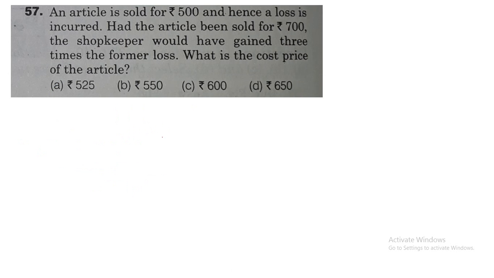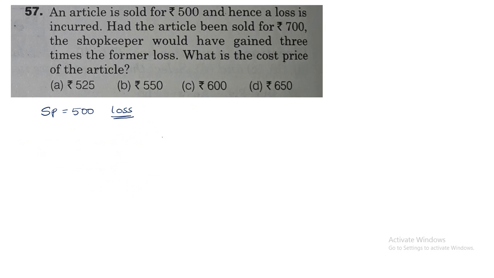Next, moving on to question number 57. An article is sold for 500, hence a loss is incurred. So the selling price of the object is 500, and by selling it for 500 he got a loss. That means the cost price is greater than 500.